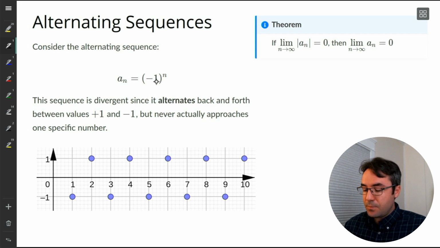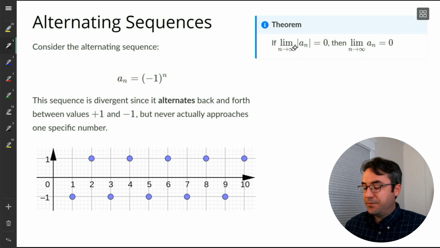So next time we're gonna keep talking about alternating sequences and use this result that sometimes can be helpful, where if we know the limit of the absolute value of an is equal to 0, well then the limit of just an, our sequence an, also has to be equal to 0.